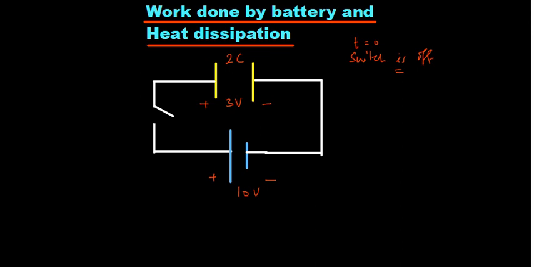For the capacitor, instead of writing 2C and 3V, I will keep it as 2 microfarad and 3 volt. So the charge will be plus 6 microcoulomb and minus 6 microcoulomb. That's the situation when the switch is off.